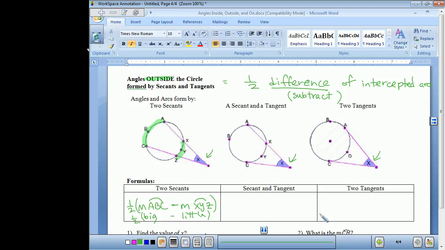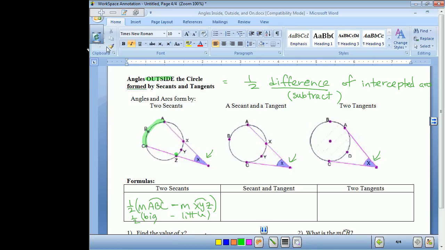Okay, the next two aren't really different, even though they're formed by different things. This angle right here is formed by a tangent and a secant. Do you guys see? These were two secants. This is a tangent and a secant. Same idea though.